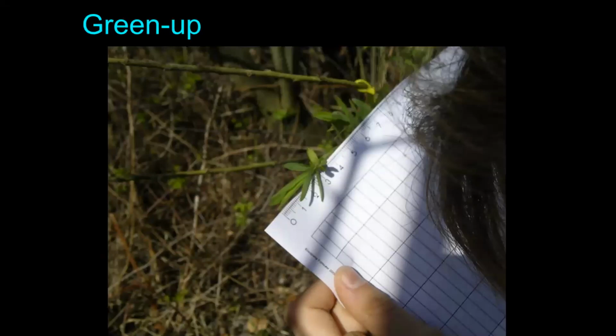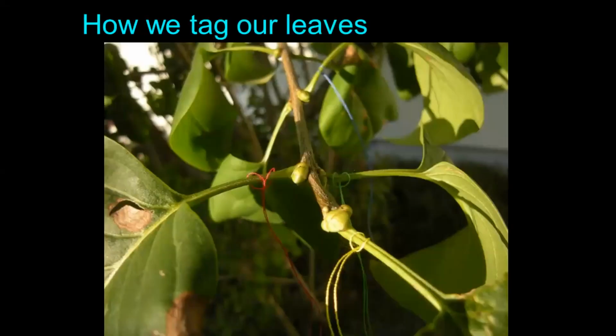So this is the normal green up measurement. I put the scale on the sheet so they never forget to have a scale with them. And this is how we tag our leaves to find exactly the 4 leaves again. We use thin sewing threads and just put them without a knot around the stem.